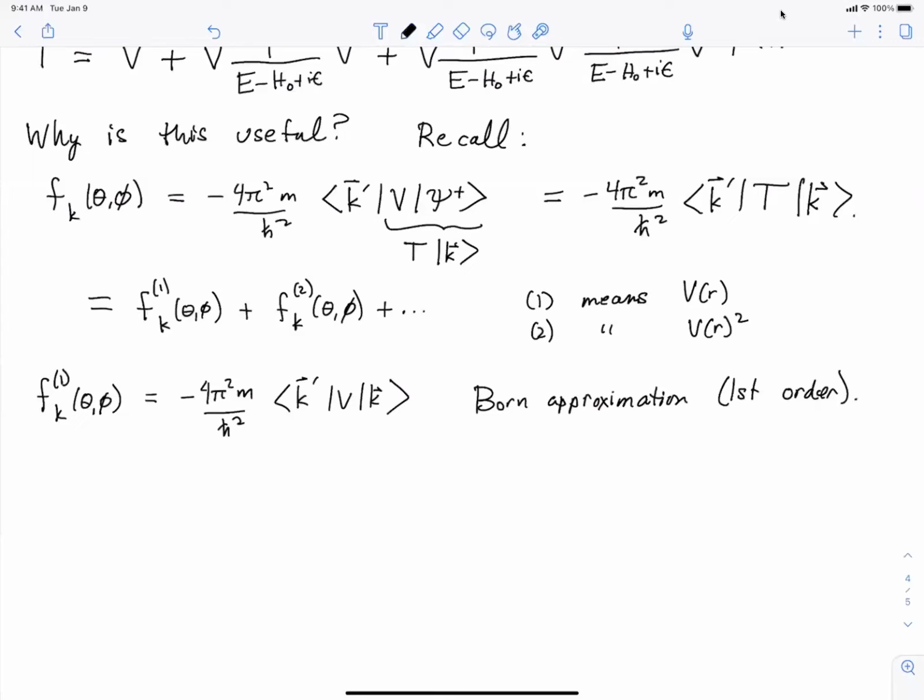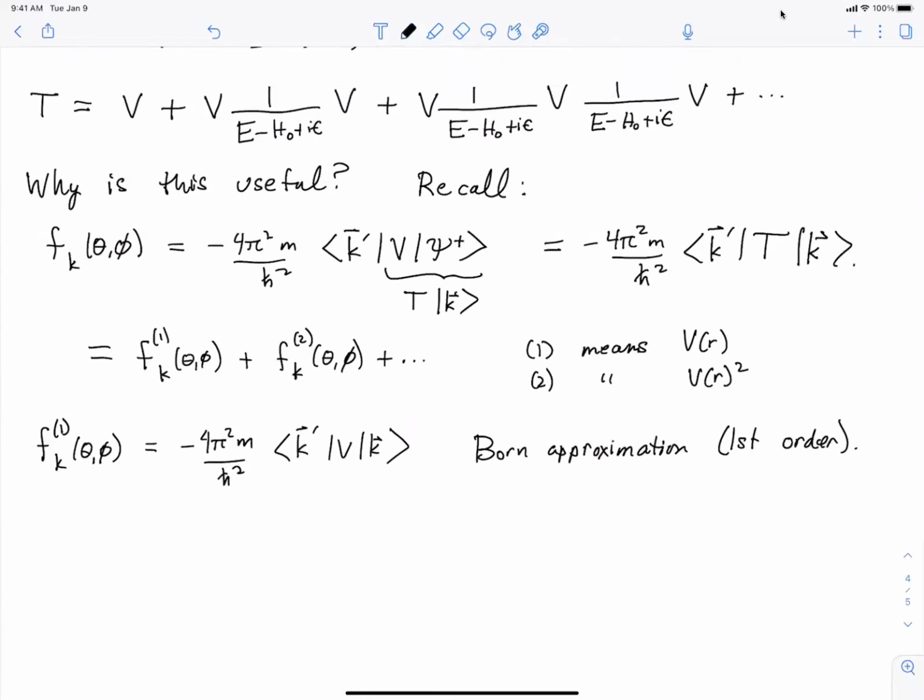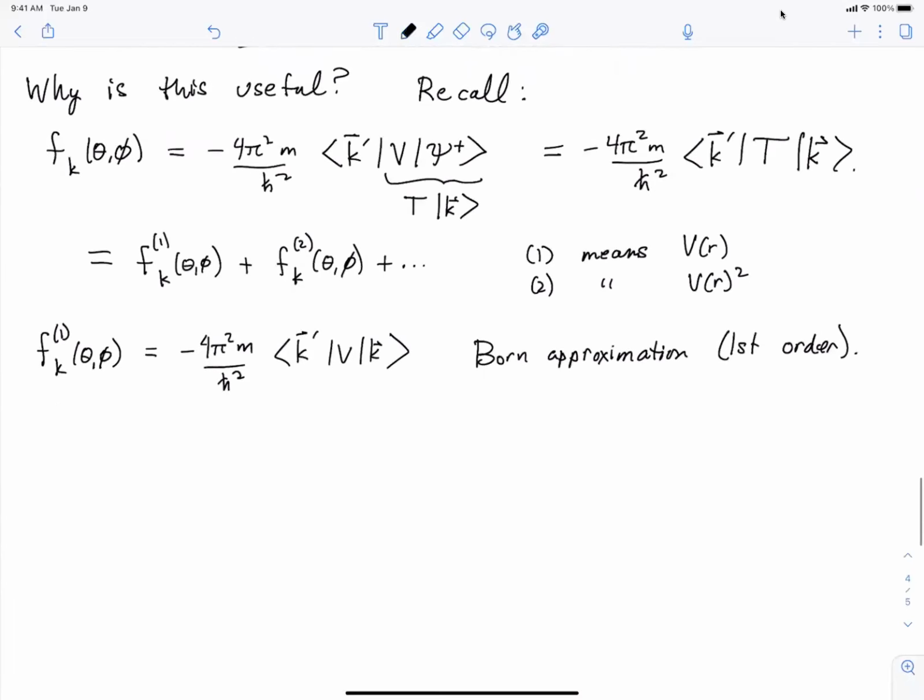Okay, and so all that is saying, to first approximation, the transition operator is the same thing as the potential, which is saying that we're not including higher order effects. Okay, but now if we want to go beyond, we just need f2_k, which is going to be the same thing almost, except now the operator that goes in there is this thing.